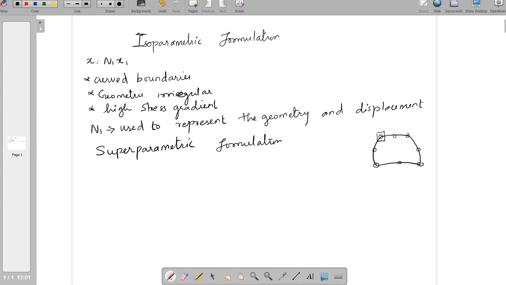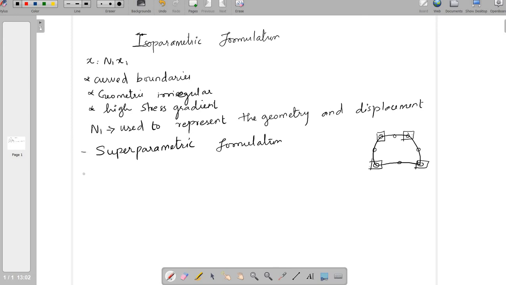So in addition to that, more number of nodes are representing the geometric variation, then the element is called superparametric element. So here 4 and 4, 8 nodes are used to describe the geometry. Another 4 nodes are representing the displacement. So more number of nodes are used to represent the geometry than the displacement parameter. Those types of elements are called superparametric formulation elements.